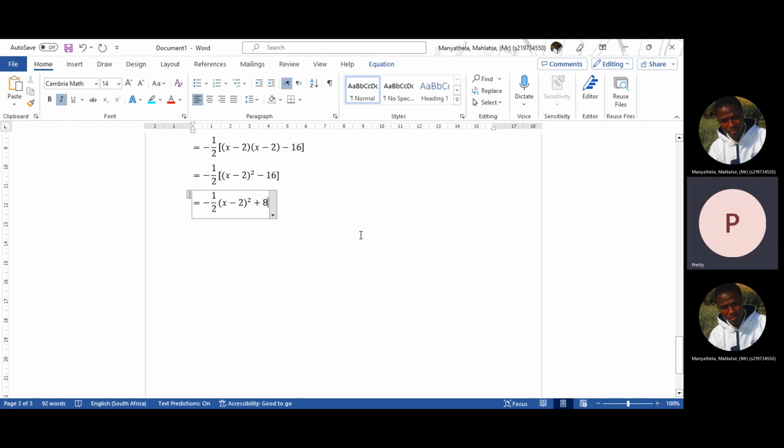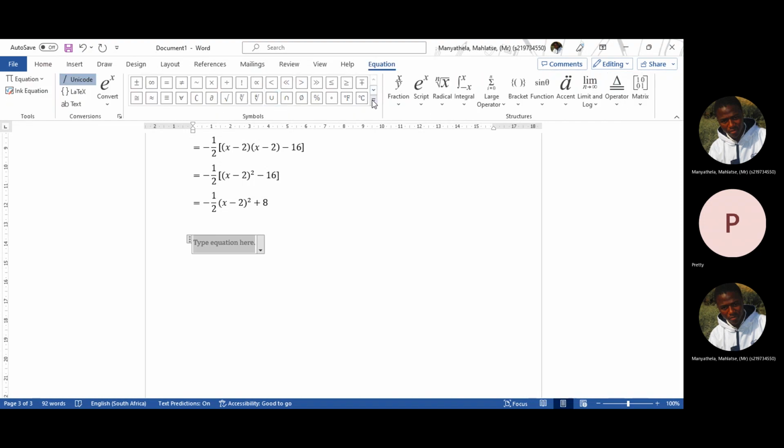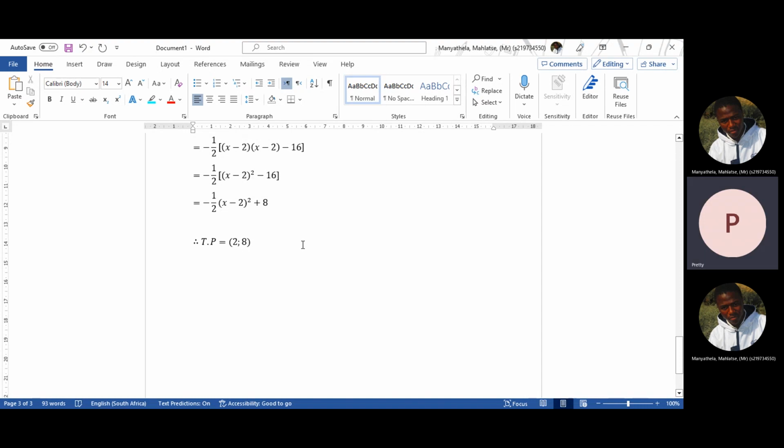The 2 is the x coordinate of the turning point, and this 8 is the y coordinate of the turning point. So you can conclude by saying: therefore the turning point, TP, is equal to (2, 8). Then we are done.